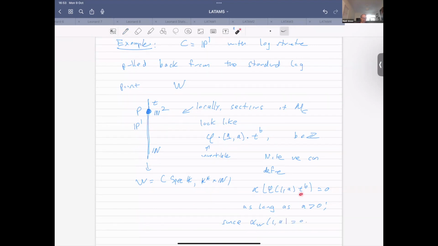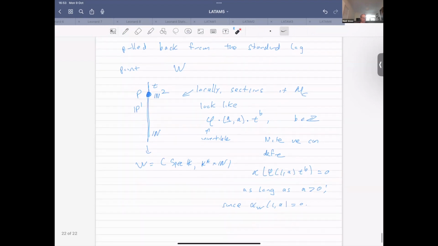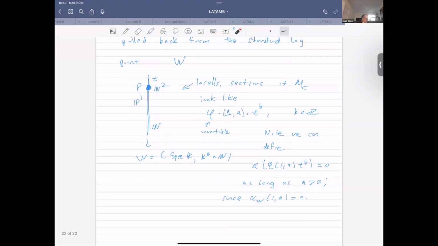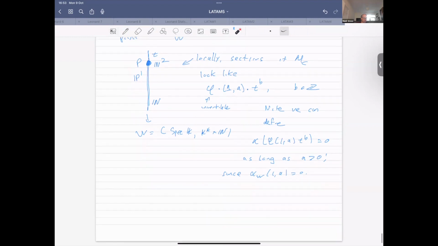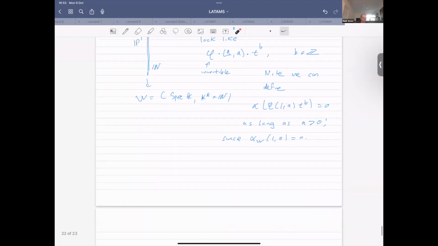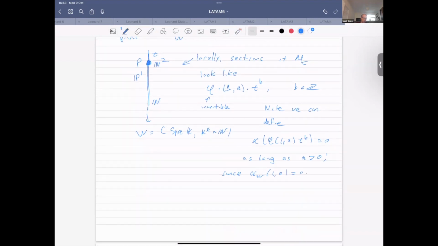So in other words, I'm allowed to have some pole at the point p as long as alpha takes the rest of this stuff coming from the base to 0. Okay, so again, I appreciate that's a little bit short on time for motivating properly. But what is the main point?